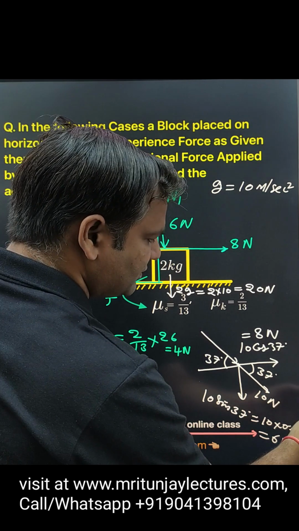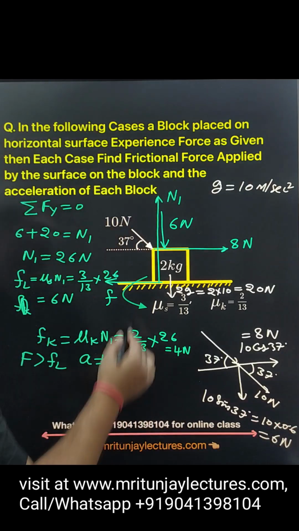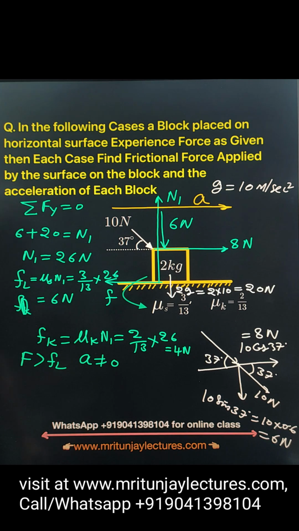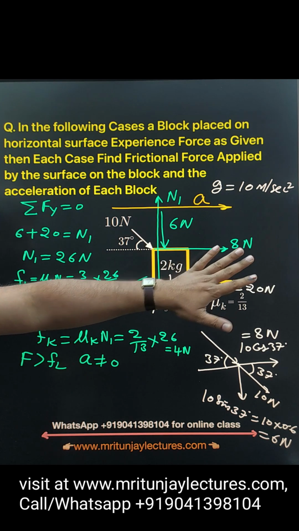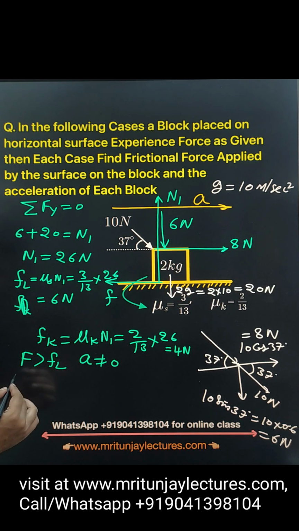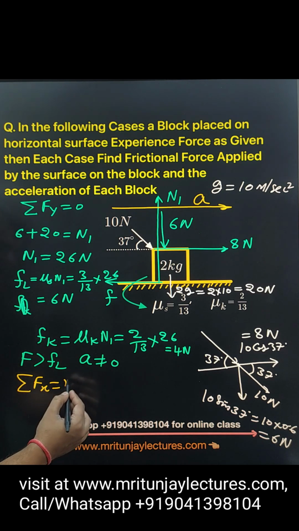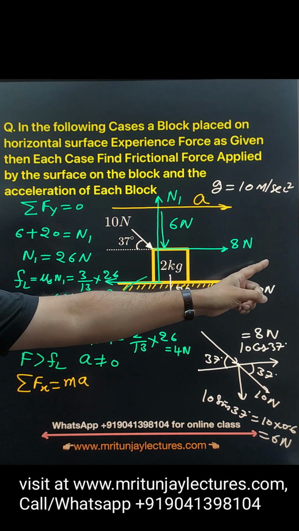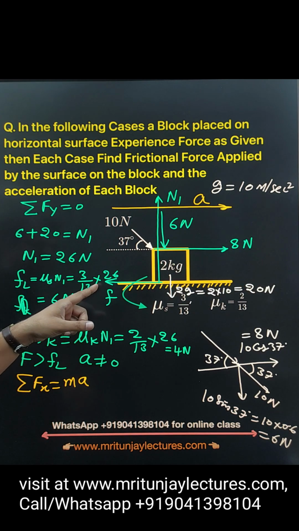If acceleration is not 0, suppose that acceleration is A. So the unbalanced force in the x direction, according to Newton's second law, is mass into acceleration. The driving force is 8, and the maximum frictional force is 6 Newton.